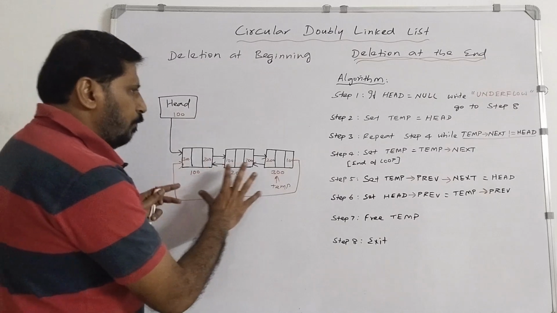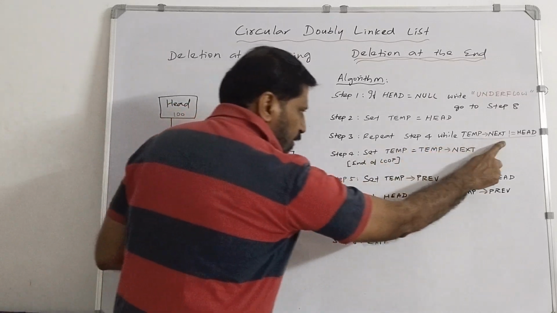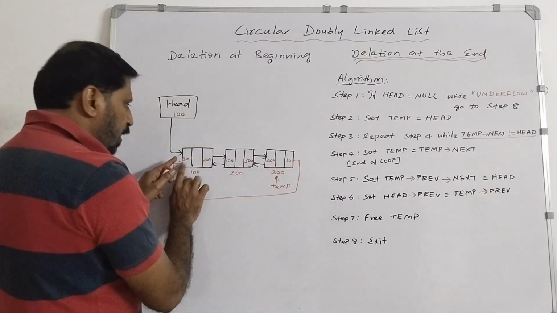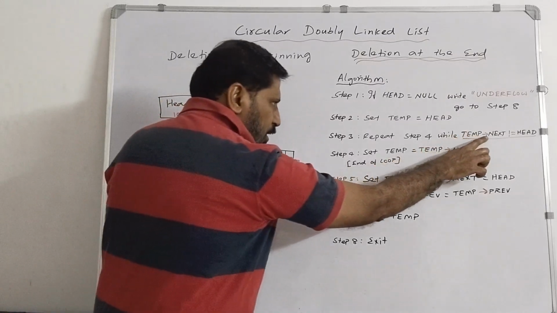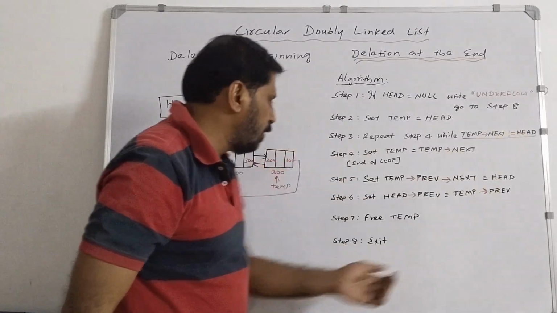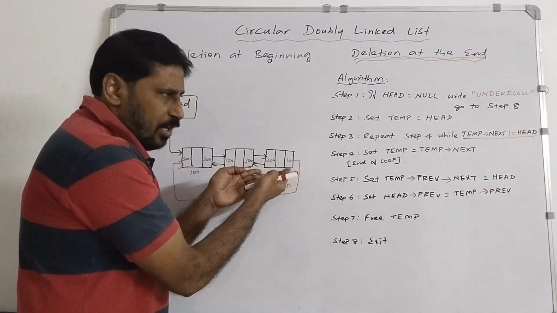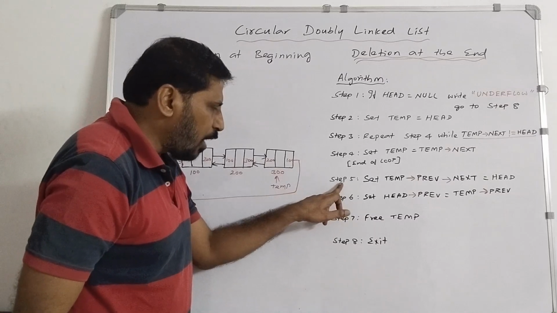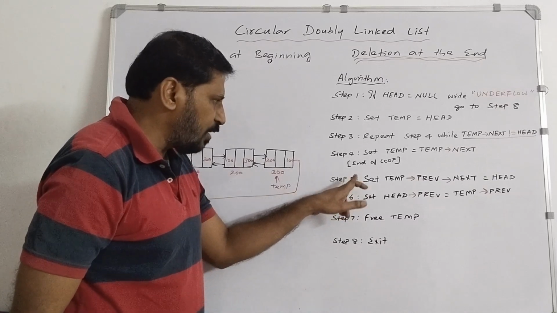So what is the case here? The condition is satisfied here. After reaching the last node, the next node is the head node, so the loop condition is not matched. We are checking whether it is not equal to head, but here it is equal to head. So we come out of the loop and execute step 5. What is step 5?